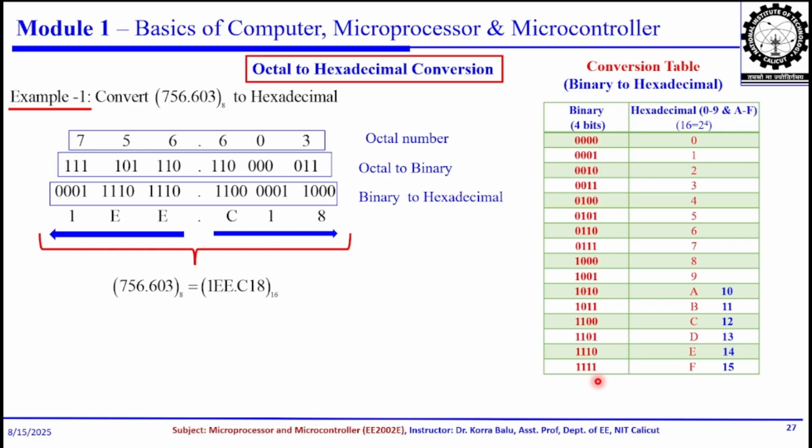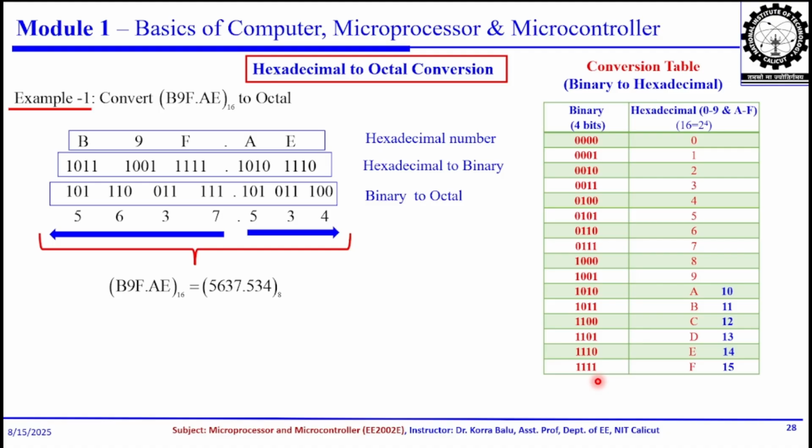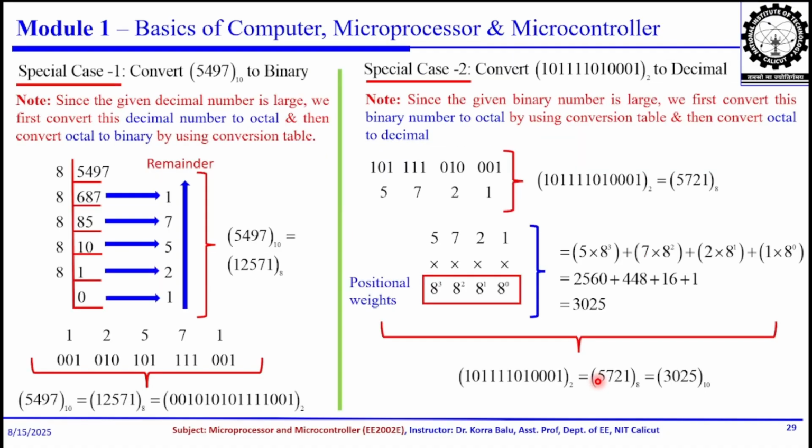If I have 1 KB of memory, 2 KB of memory, 1 MB of memory, that memory size in terms of bytes I have to indicate in terms of hexadecimal values. That is starting from 0000 up to 2FFF, you can represent the location of the address in terms of bytes. So here the hexadecimal to octal conversion, and these are the special cases.